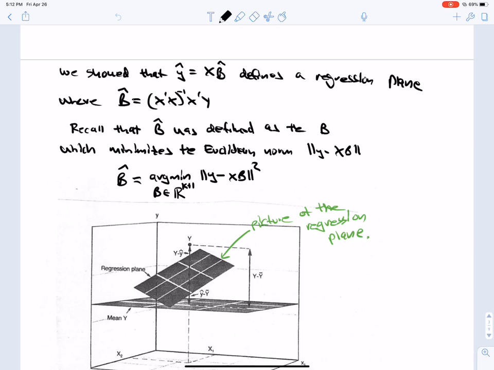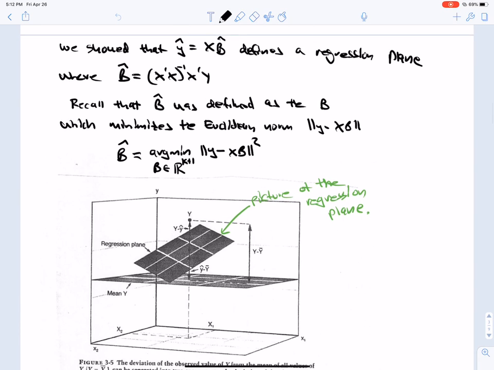Beta here is our variable, and beta is in R^(k+1). Beta 0, beta 1 up to beta k are all parameters that you can use to minimize the Euclidean norm squared.